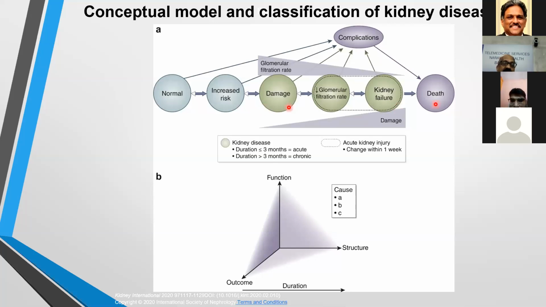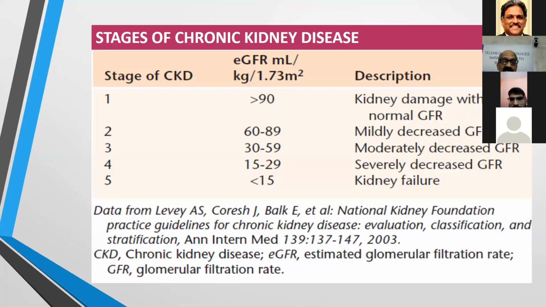So kidney disease is classified as acute if the duration of disease is less than 3 months, or chronic if the disease is more than 3 months. And if the kidney injury has occurred within 1 week, it is called acute kidney injury. Coming to the stages of chronic kidney disease, we go by the EGFR, that is the estimated glomerular filtration rate, normally about 120 ml per minute per 1.73 meters square of body surface area.